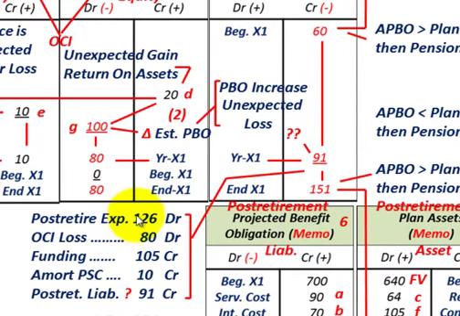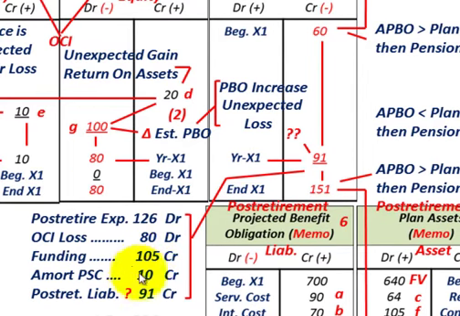So we take our post-retirement expense of $126,000. That was a debit amount. And then we had that other comprehensive income loss. The net amount for the year was a debit amount of $80,000. And then we knew what our funding or our cash was, $105,000. That was a credit to our cash account, so that reduced our cash by $105,000.